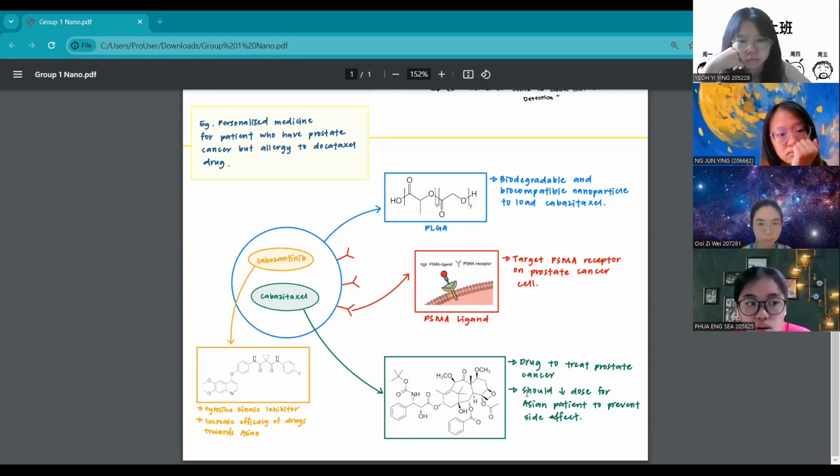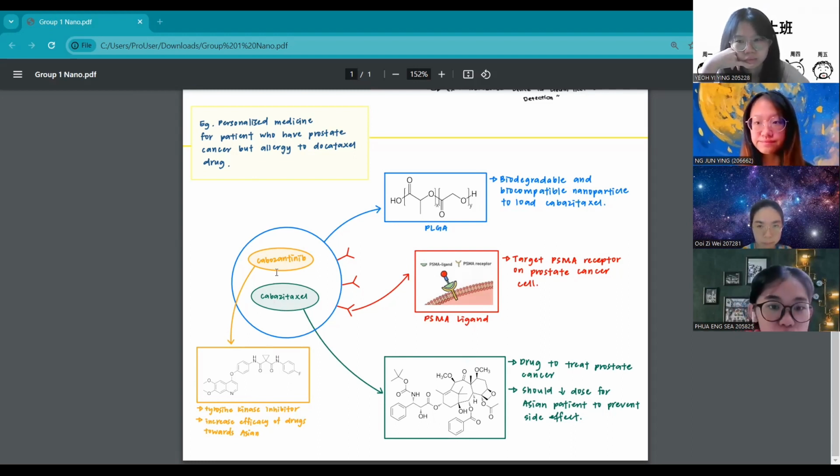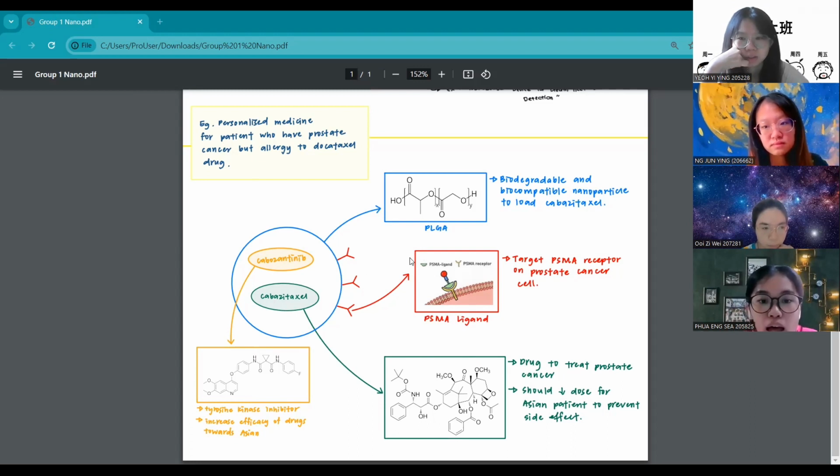And because the target patient is Asian, we need to reduce the dose of this drug to prevent side effects. We also use a tyrosine kinase inhibitor, which is cabozantinib, and it is used to increase the efficacy of drugs towards Asians. And we coat this drug with the nanomaterial, which is PLGA.